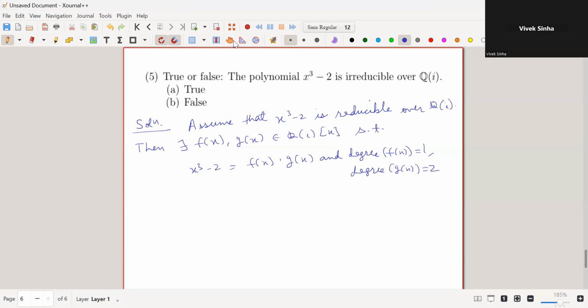It has to be a non-unit, so the degree has to be greater than or equal to 1. The only possibility is one polynomial of degree 1 and the other of degree 2.